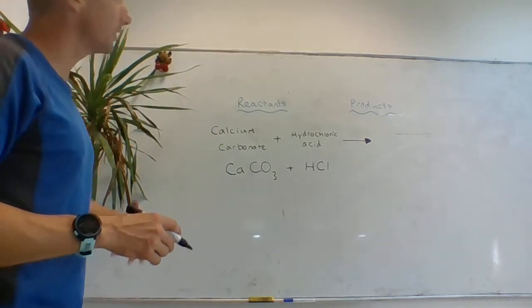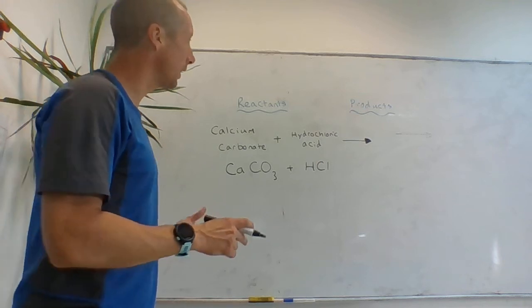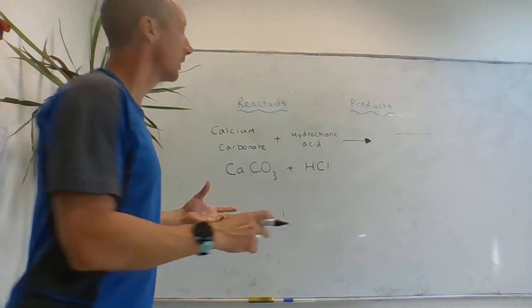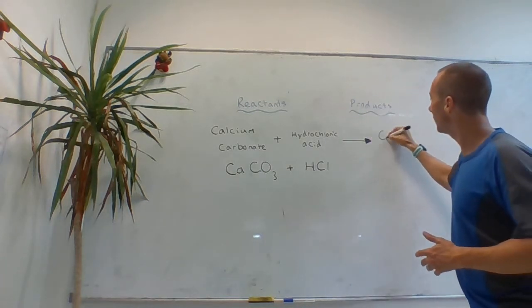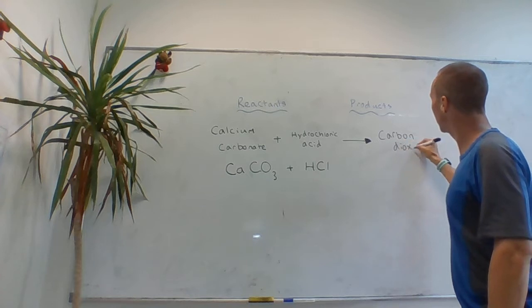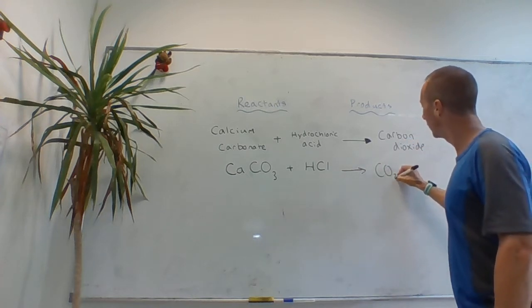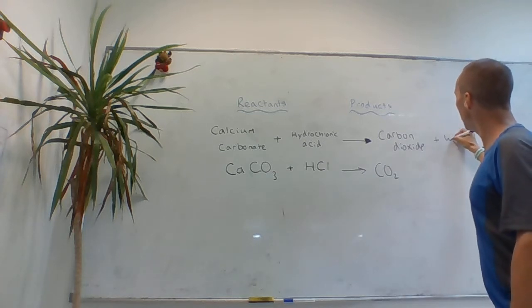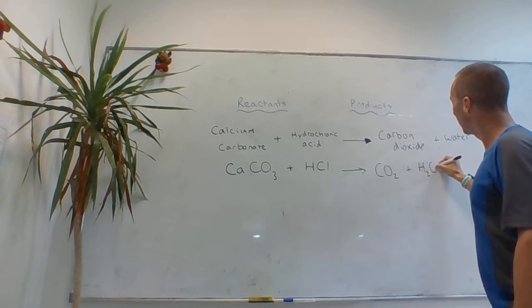So we can have a look at this and say, well, what are the products likely to be? Okay, well, actually, a couple of them are very simple ones that you know about already. One of them is going to be carbon dioxide. Okay, remember carbon dioxide is CO2. Another one is going to be water, H2O.